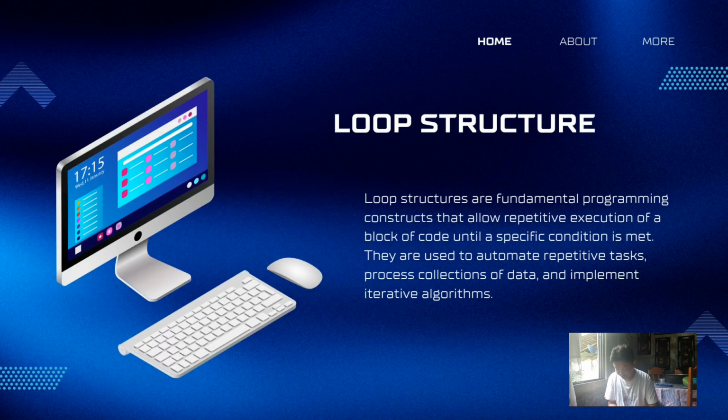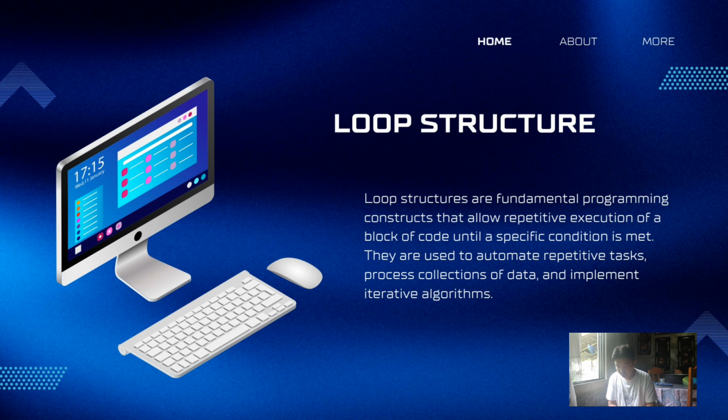A loop structure. Loop structures are fundamental programming constructs that allow repetitive execution of a block of code until a specific condition is met. They are used to automate repetitive tasks, process collections of data, and implement iterative algorithms.